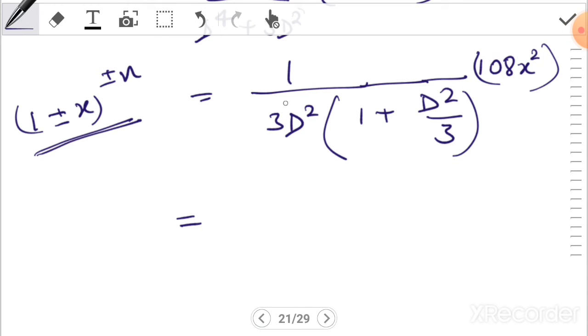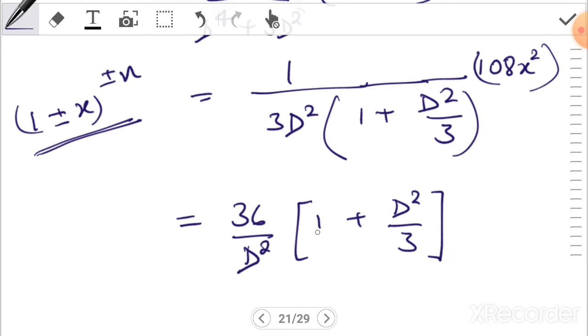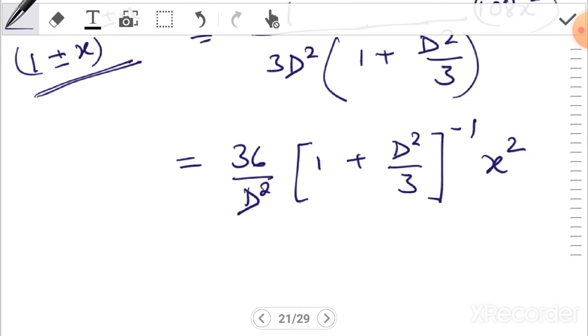So this is 108 by 3, 36 by D square, and 1 plus D square by 3, taking this in the numerator, so minus 1. So this will be operated on x square.